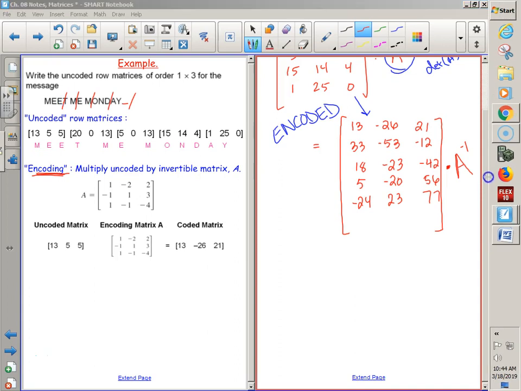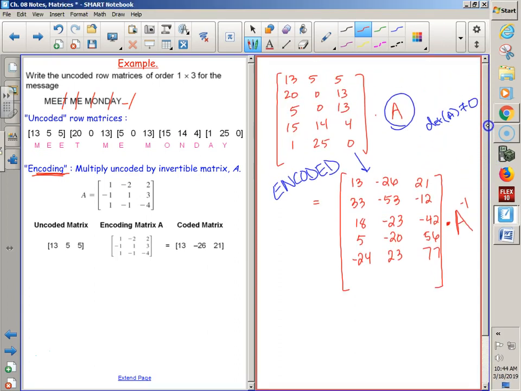Why did I say the determinant has to be anything but 0? Why can't it be 0? If it was 0, there would be no inverse. There would be no way back. There'd be no way to decode it or to decrypt it or to decipher it. It would just be sent out there and then no one could ever read it.